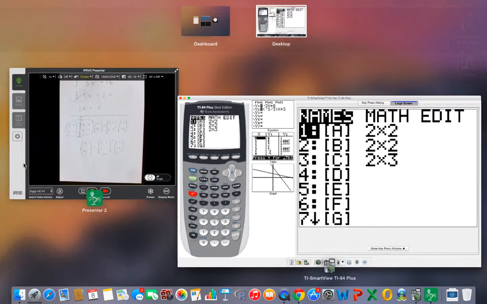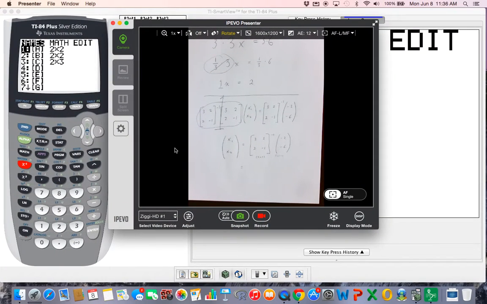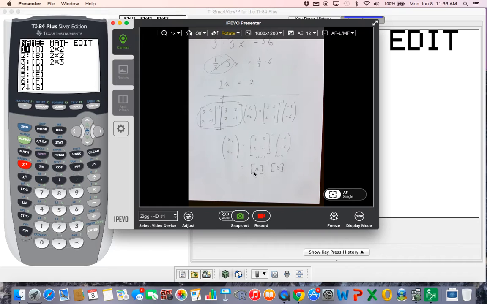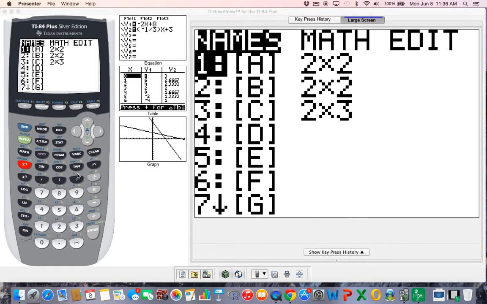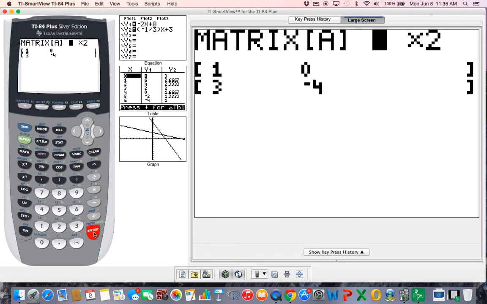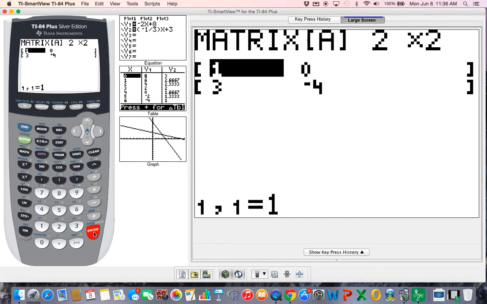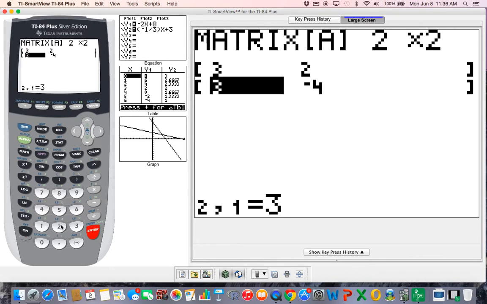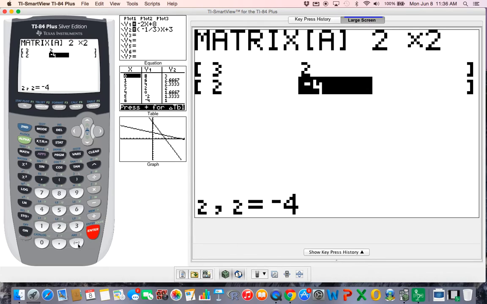Back here, I'm going to create this matrix as A, and this matrix as B. My matrix A needs to be a 2 by 2, so I'm going to come over to Edit. And I need a 2 by 2, which I've already got the setup there. So it needs to be a 3. That needs to be a 2. I'll worry about that inverse stuff later. And a negative 1.